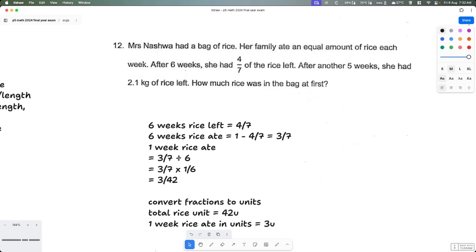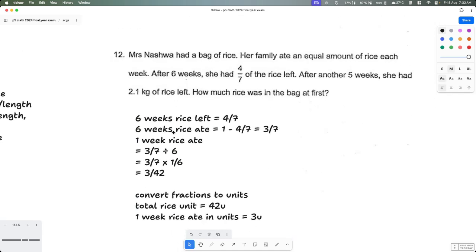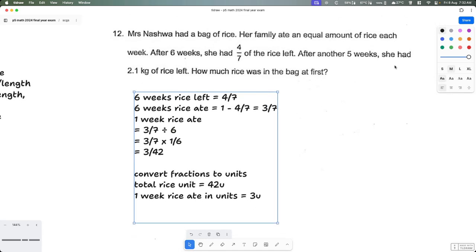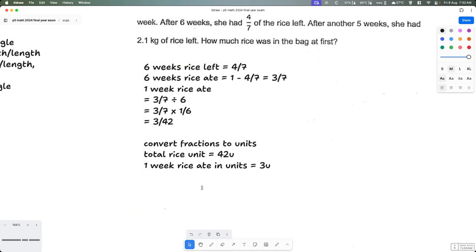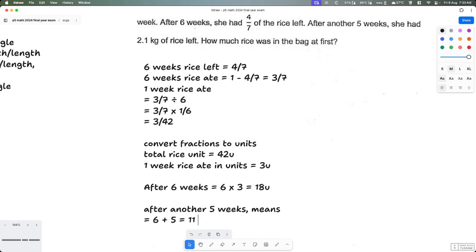Okay, so from here we can solve this, right? After another 5 weeks, she had 2.1 kg. After 6 weeks, it's basically 6 times 3, equal to 18 units. After another 5 weeks means 6 plus 5, which is equal to 11 weeks.